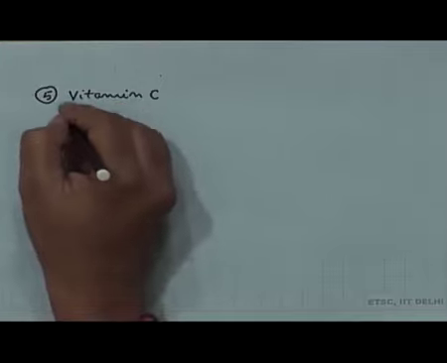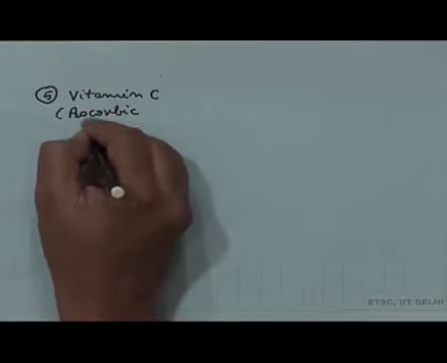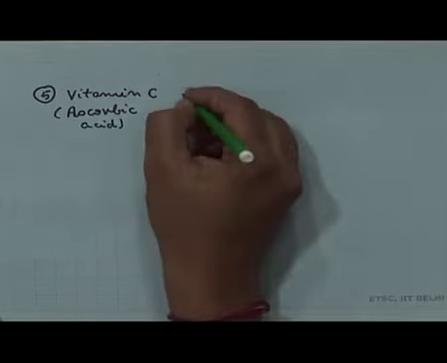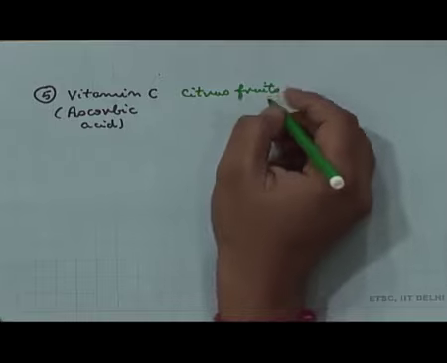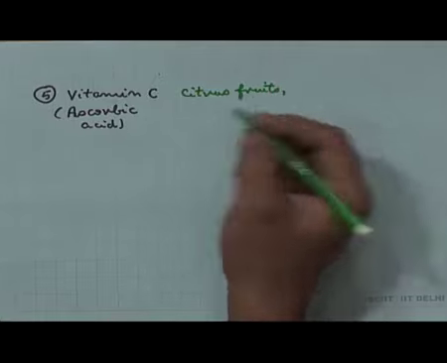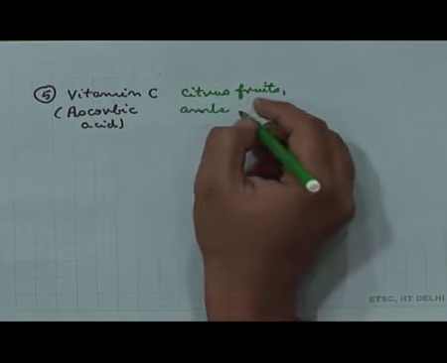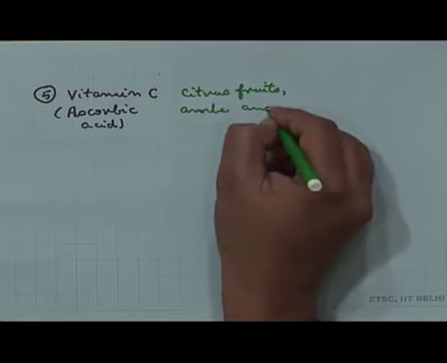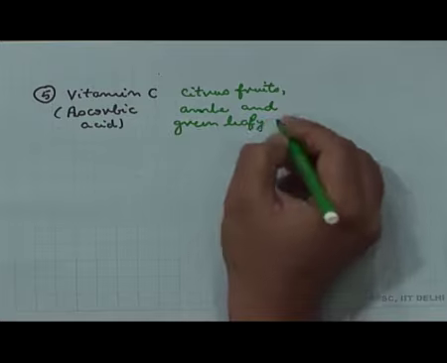Vitamin C is also known as ascorbic acid. Vitamin C can be obtained from citrus fruits, such as amla, and green leafy vegetables.